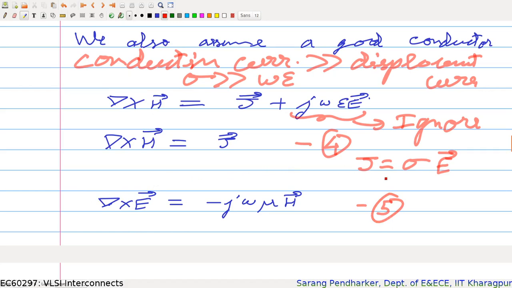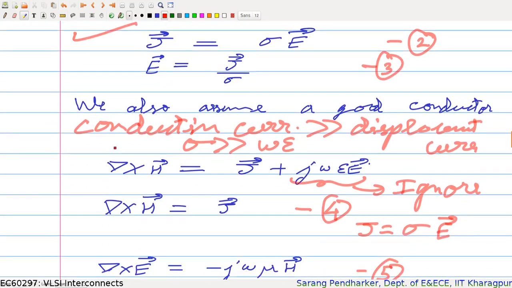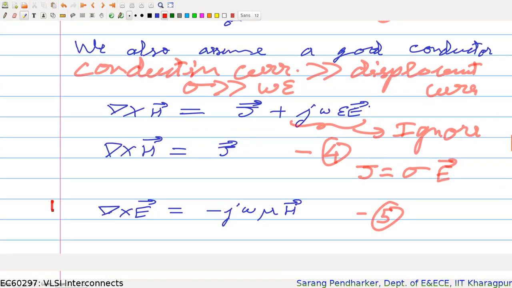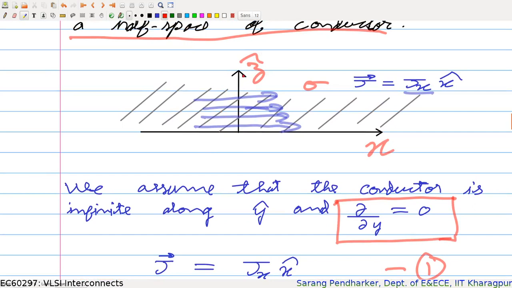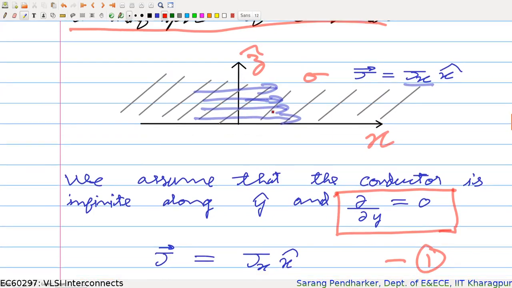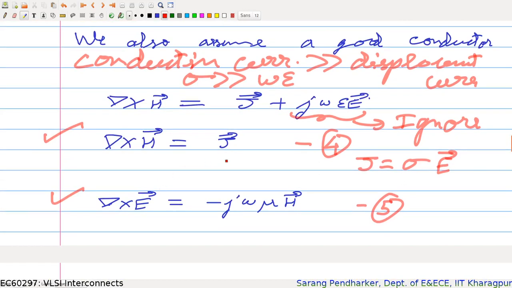I have an equation relating J and E, an equation relating E and H, and an equation relating H and J. I want a differential equation for one quantity that I can solve. Since I'm interested in the profile of current in this conductor half space, I will eliminate E and H from these three equations and write the differential equation in terms of J only.